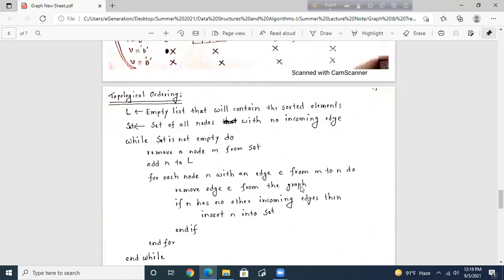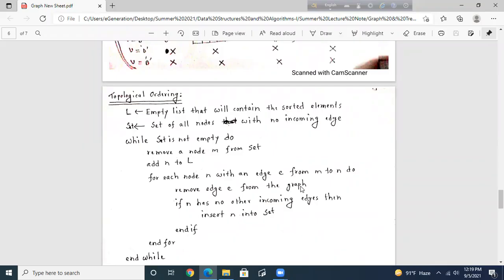In our practical life, we already implement topological order. Think about when you select your course.